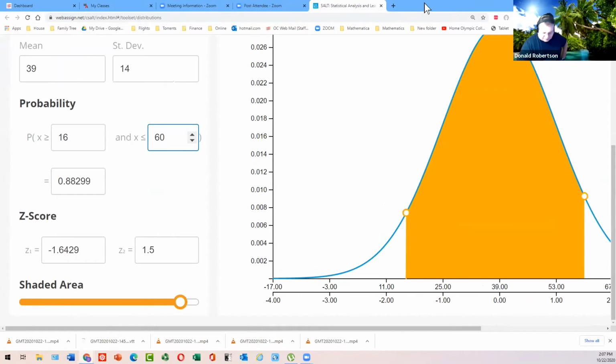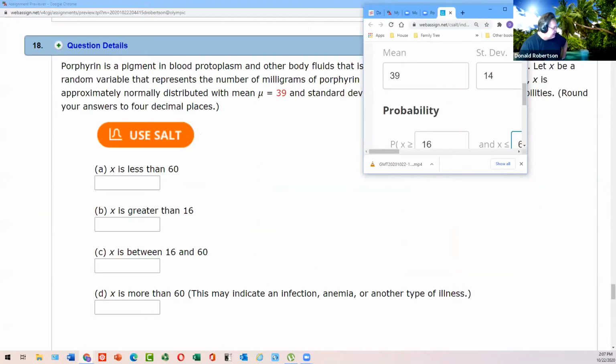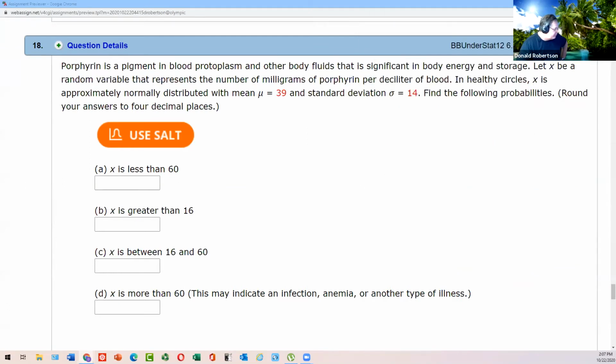Now, I believe they had an extreme case. Yeah, if it's more than 60, they can use this, the amount of this porphyrin that you've got, and it indicates either an infection, anemia, or something that they would be concerned about. So it's got to be more than 60.